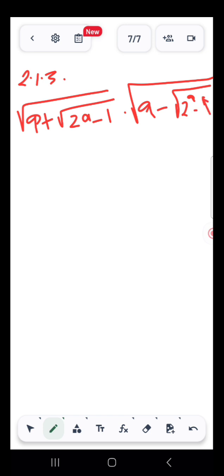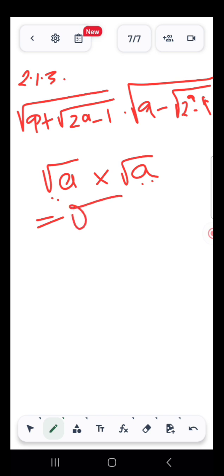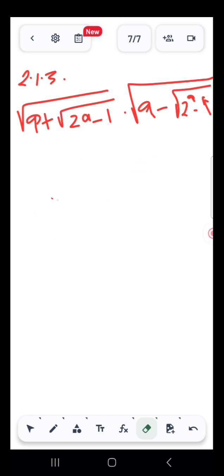Now according to the product rule, right, when you have the square root of a multiplied by the square root of a, these two can go under the same square root. So you can have the square root of a squared, right? So now, since they said multiply, it means we are using the product rule. So they said square root of this and then square root of this, which we can put under one big square root.